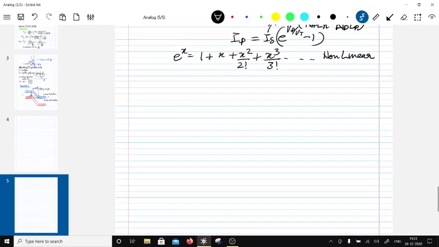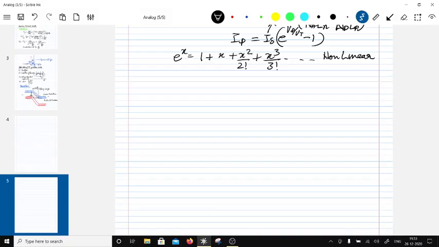Okay, because of this non-linear nature, if you have, let's say, cos of omega 1 t as one signal plus cos of omega 2 t as the second signal, so if this is x, then the x square and x cube will result in the mixing of these omega 1 and omega 2.